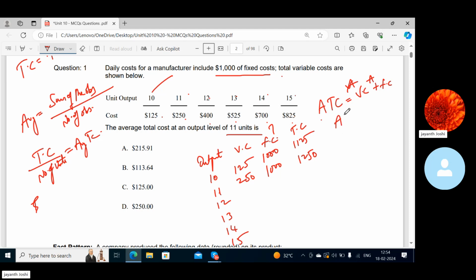They are asking average total cost for 11 units, so average total cost is total cost, which is 1250, divided by number of units, 11. That is 113.63, so the answer is 113.64. This is the average total cost for 11 units. Shall we move forward?